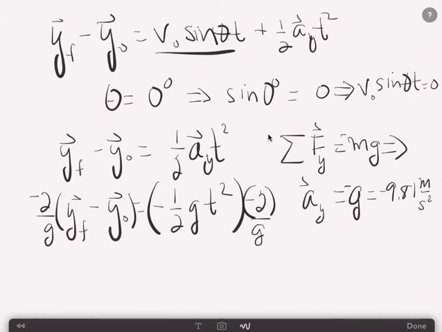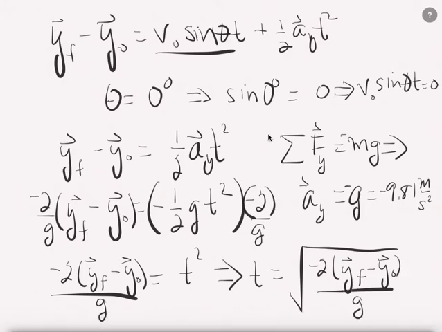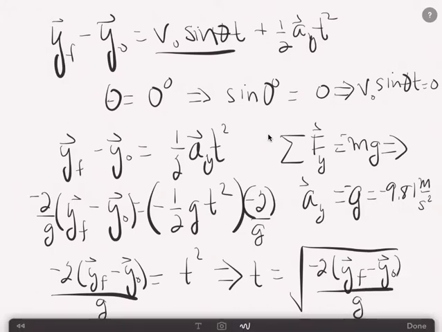So we end up with t squared equals negative 2 times yf minus y initial, all over g. This implies that t is just the square root of negative 2 times yf minus y initial, all divided by g. So we're going to use this to calculate the time of flight.